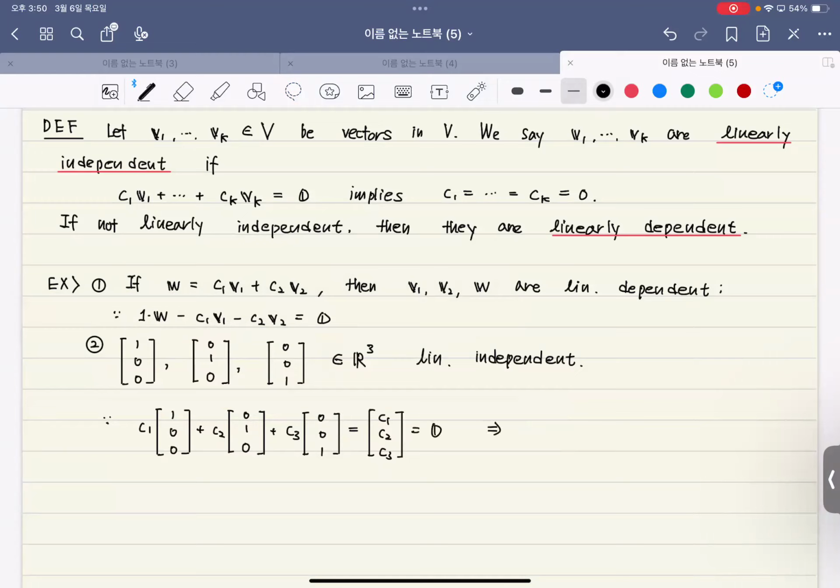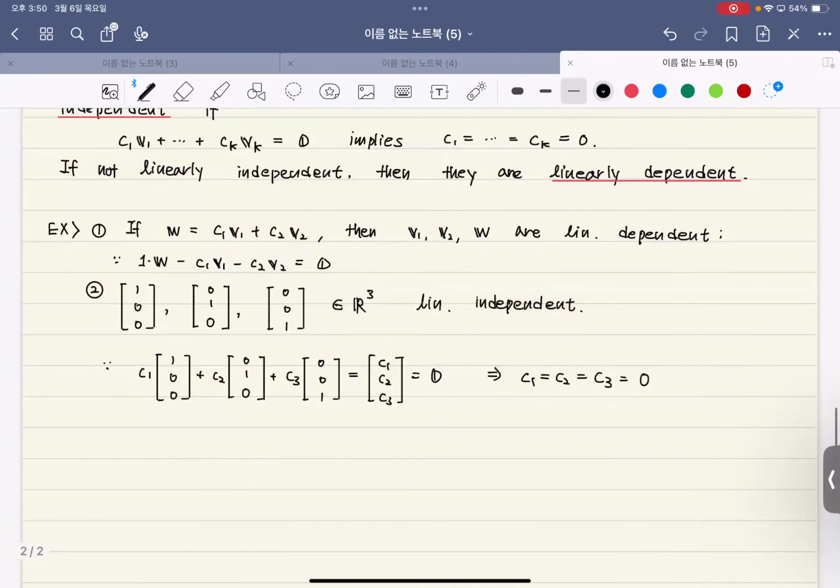In order to achieve this, c1, c2, c3 must all be 0. So this equation only has the trivial solution. Therefore, these three vectors are linearly independent.